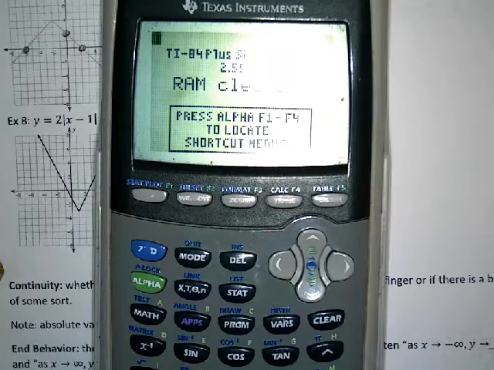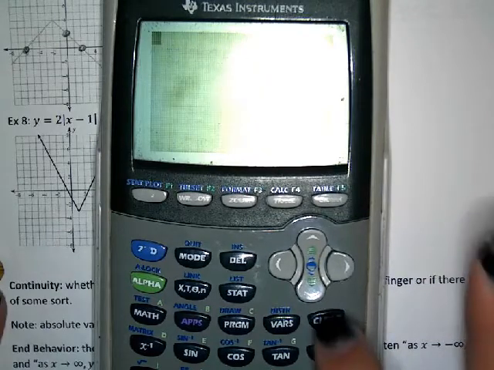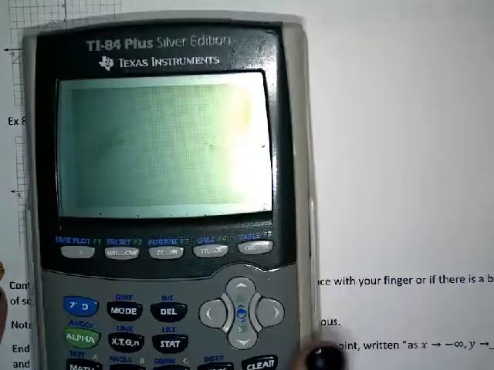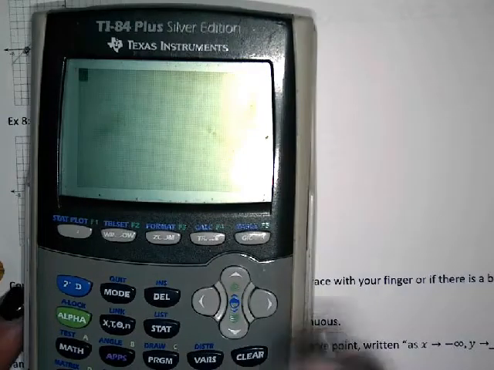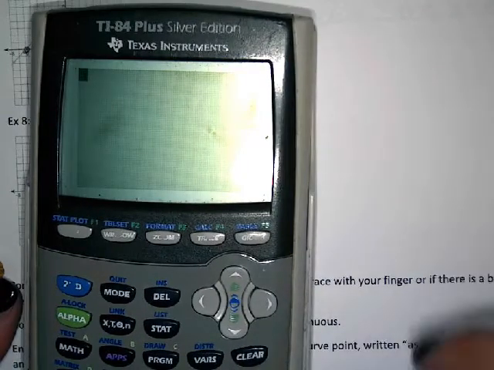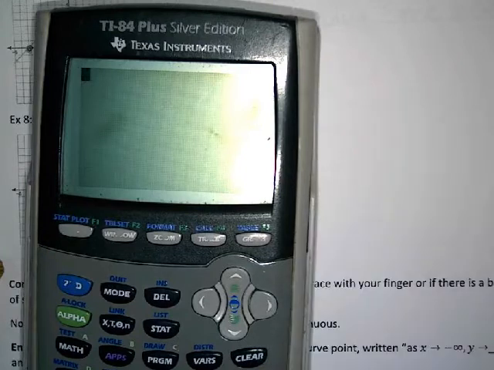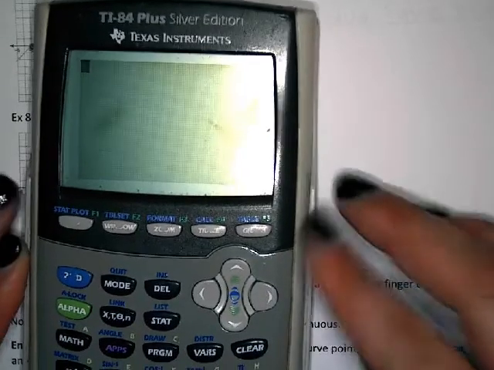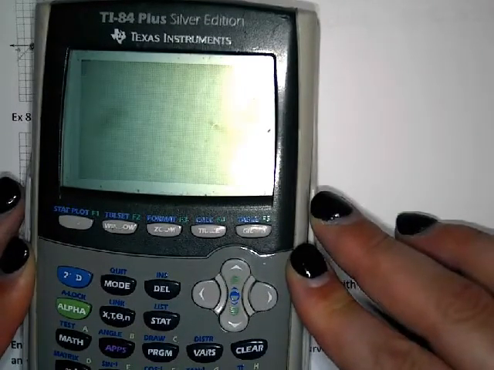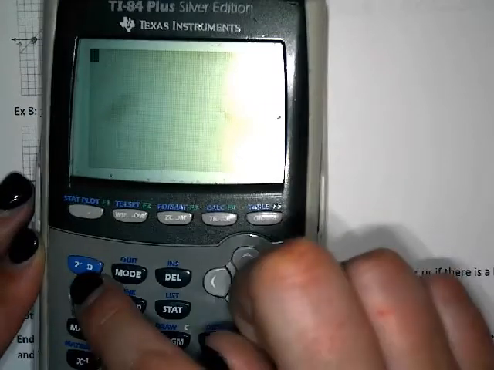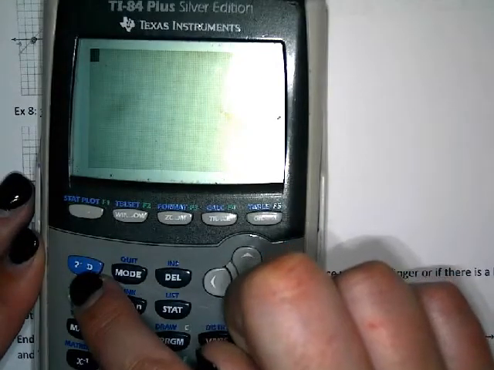So second plus 7, 1, 2, anytime somebody has a problem with their calculator, that's what I use to fix it. Clear only clears the screen. That clears the calculator. Does that make sense, the difference? Second, the blue button? If you start typing, it'll get rid of that.